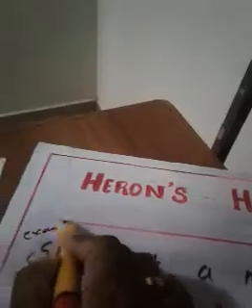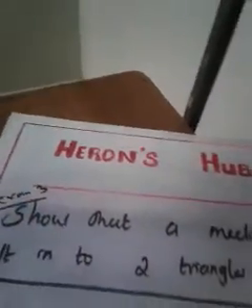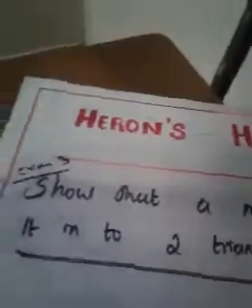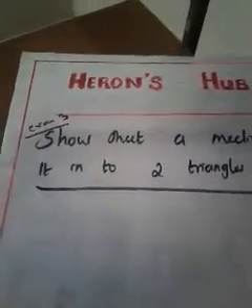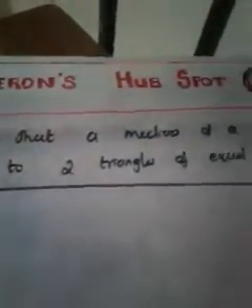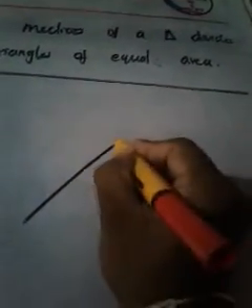So this is not a theorem, this is your example 3. But you can consider it as a theorem because that much importance is there for this question. Show that a median, that means you just consider a triangle.